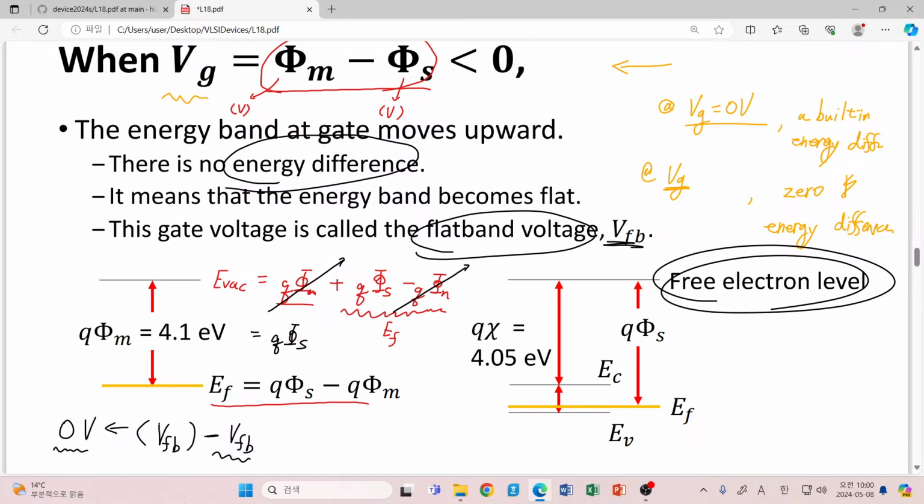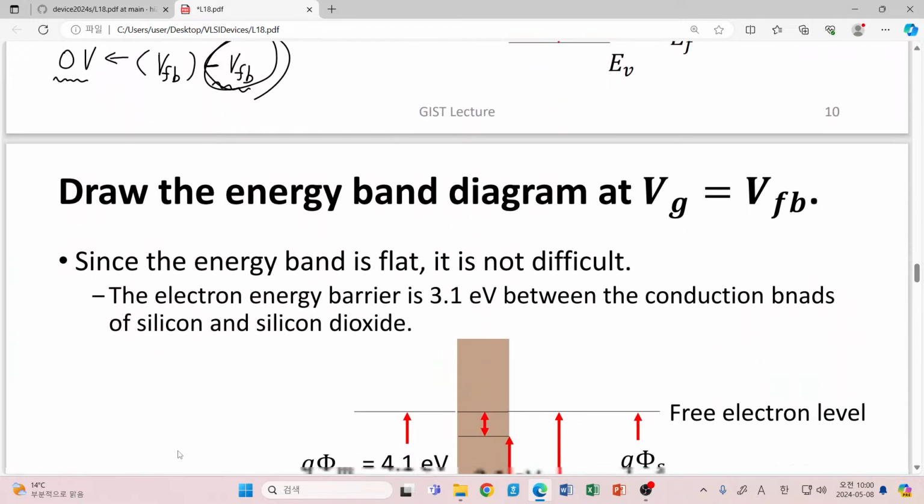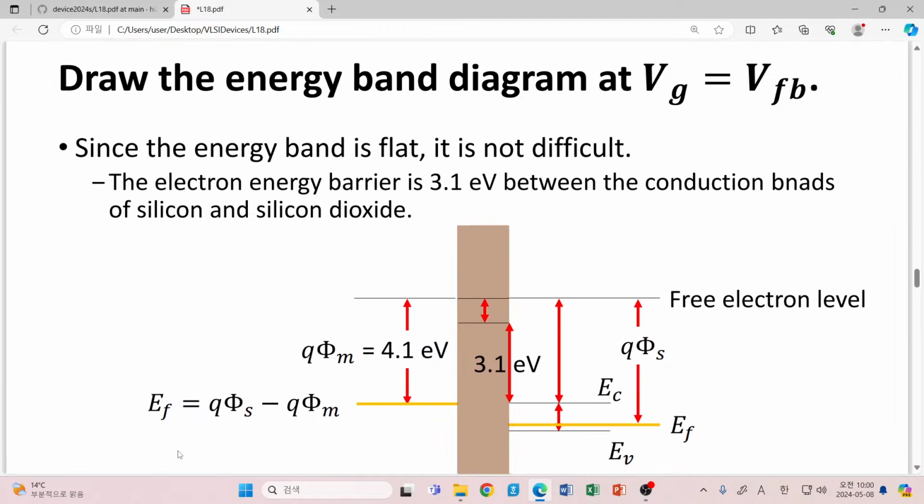Okay, then this one becomes something quite natural. So instead of starting from the 0 volt case, please start from the flat band case. Okay, then let me draw the energy band diagram at the flat band case.